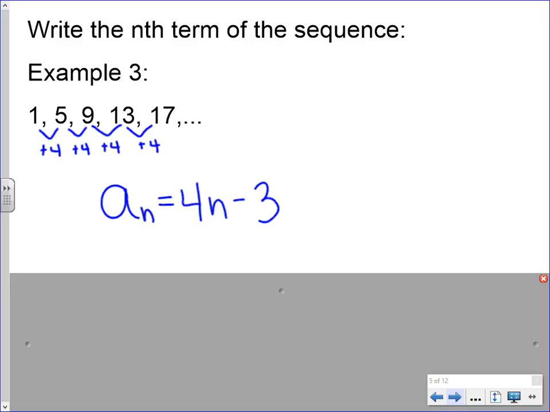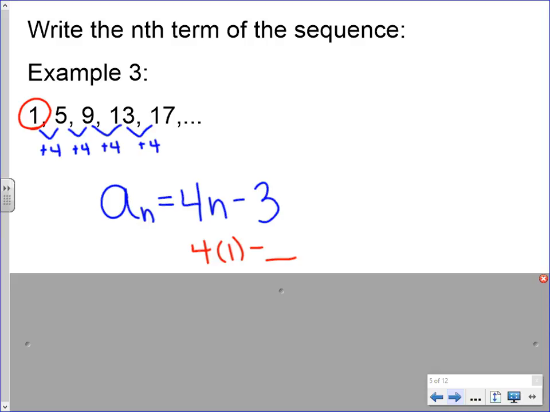It just works. Okay, if it's going up by 4 every time, that's how you got your 4n, right? 4n would give you 4, 8, 12, etc. Okay? So if you're going up by the same number every time, you can write that number times n. But then, since we want our first term to be 1, we need 4 times 1 minus some number to get 1.